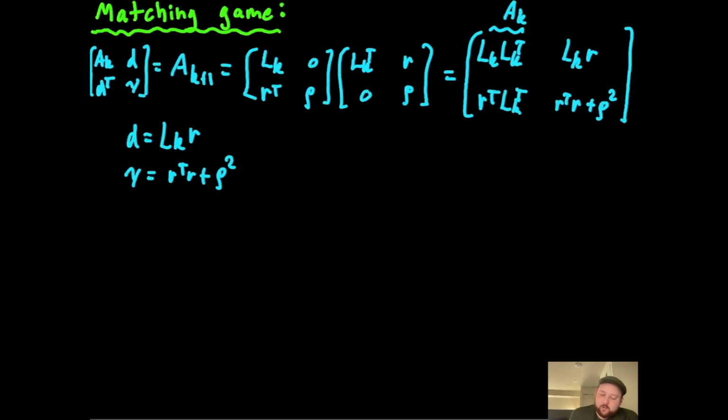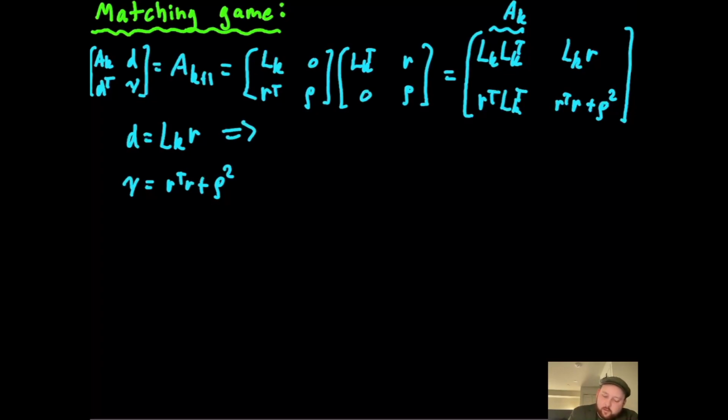So what can we do to the first one? Because AK was SPD, by that lemma, that proposition that we proved, we know that it's always invertible, and you can argue why this means that its Cholesky factor also has to be invertible. Its Cholesky factor in this case is LK. So we're always justified in taking the inverse here.